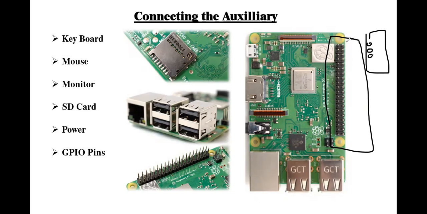So we have to use female to male cable or female to female cable to connect these components. That one is different. In Arduino, we have exact pin labels indicated on the board, but in Raspberry Pi, we don't see any such indications.